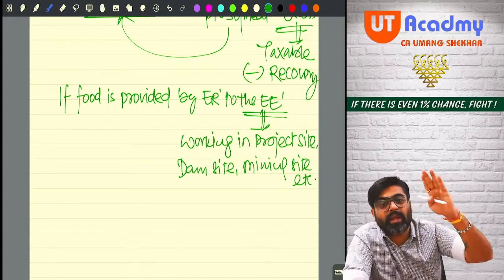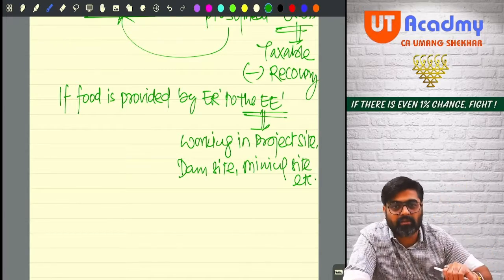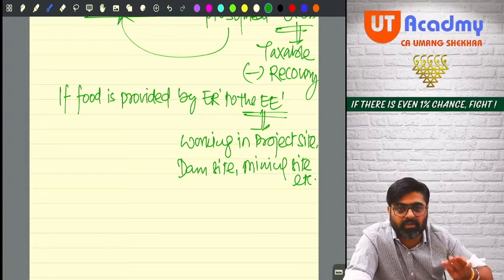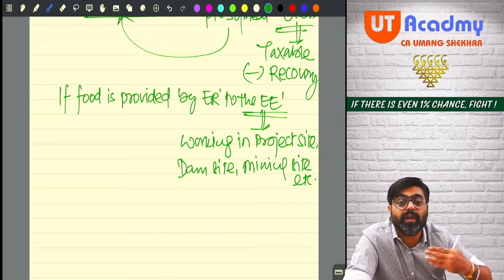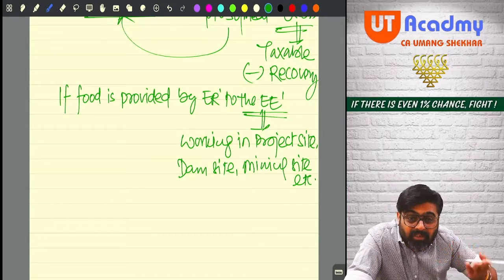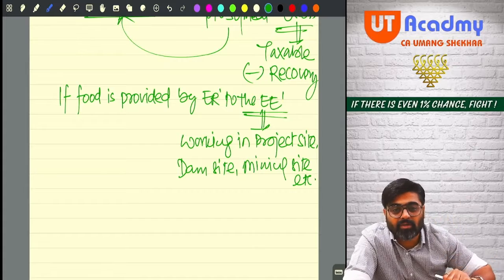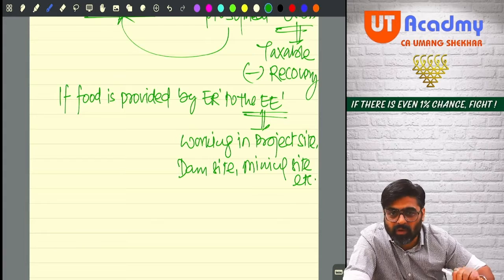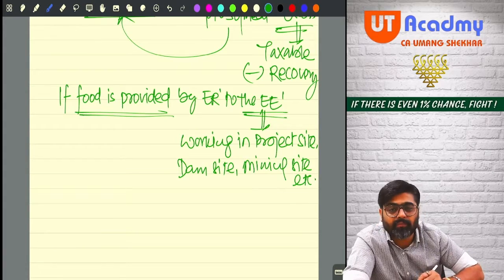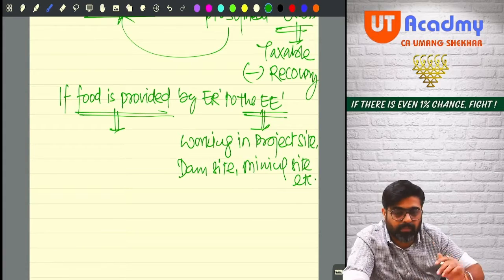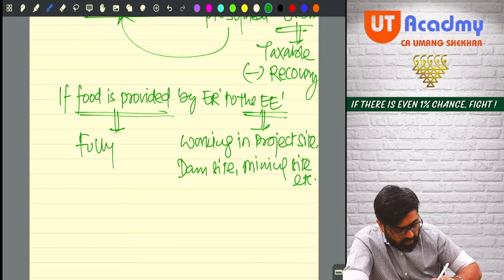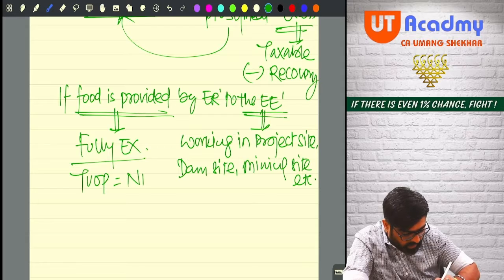By giving you food there, the employer is fulfilling his responsibility. How can that be treated as your personal benefit? Can it be? No. So whatever the cost per meal, it will be fully exempt and the taxable value of this perquisite will be nil, friends.